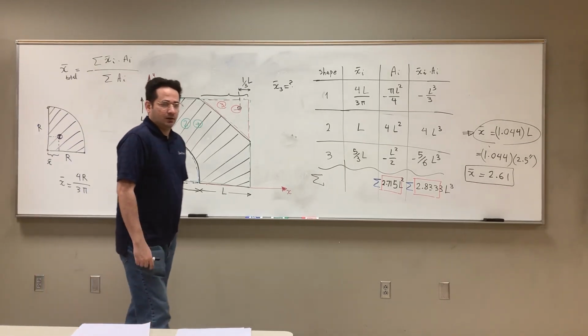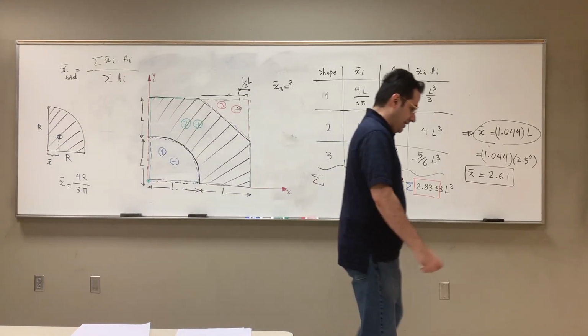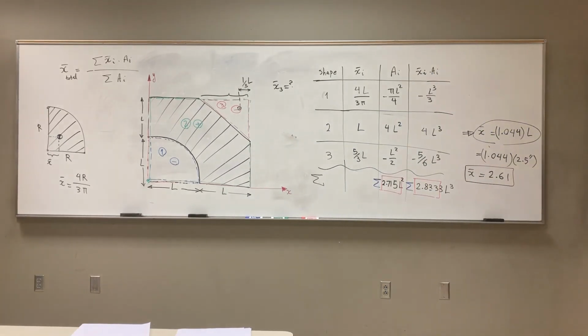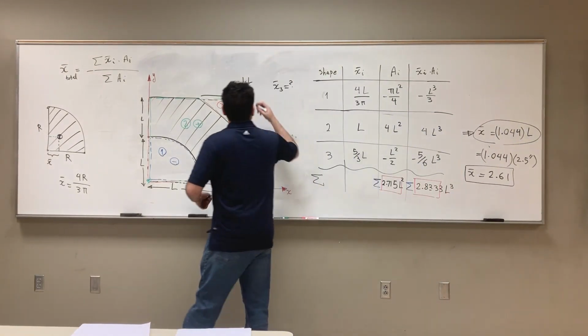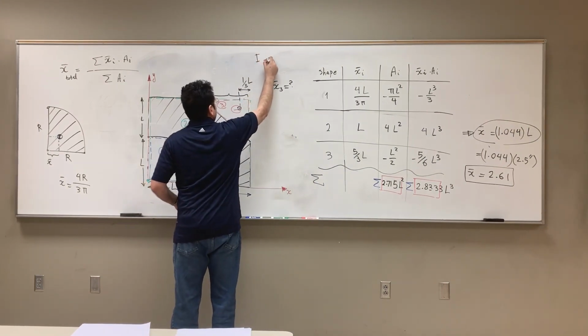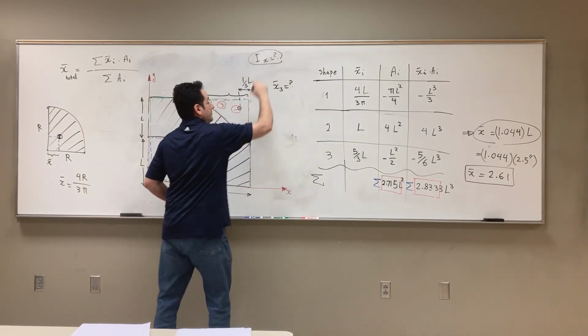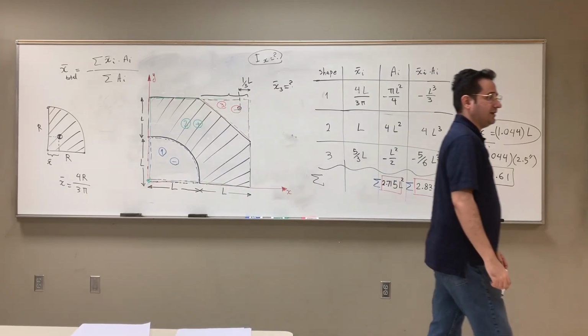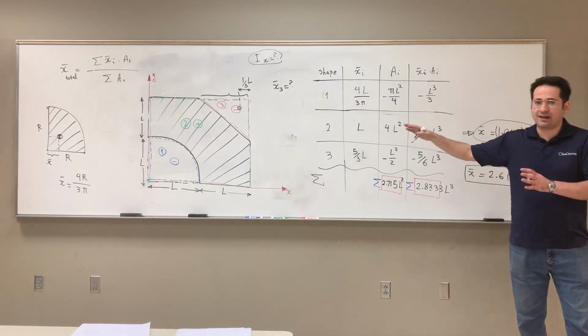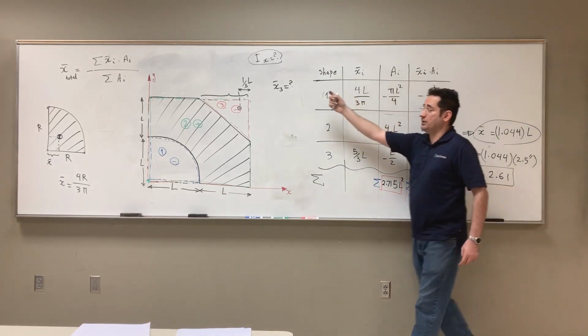All right? So what we're going to do next class, we're going to give the same geometry, and instead of saying centroid, now compute moment of inertia, Ix, for example. Maybe not next class, but the class after that. So next class, we're going to work on some examples of moment of inertia computation.